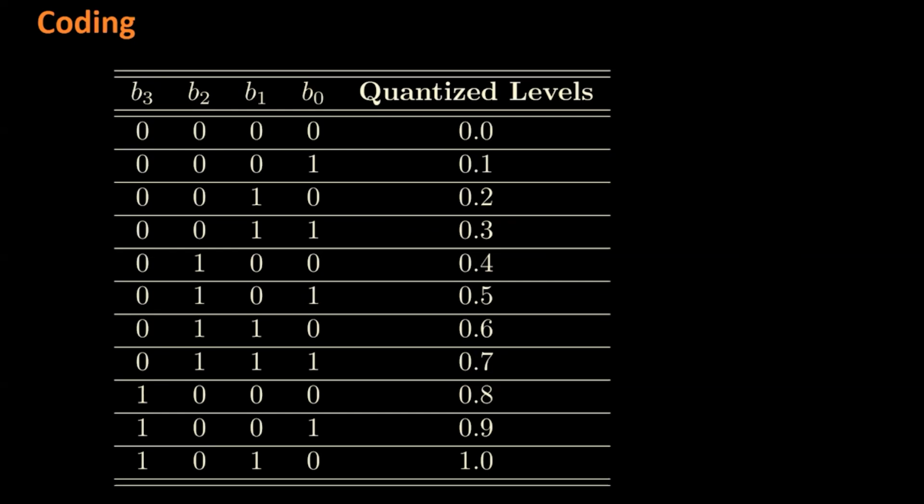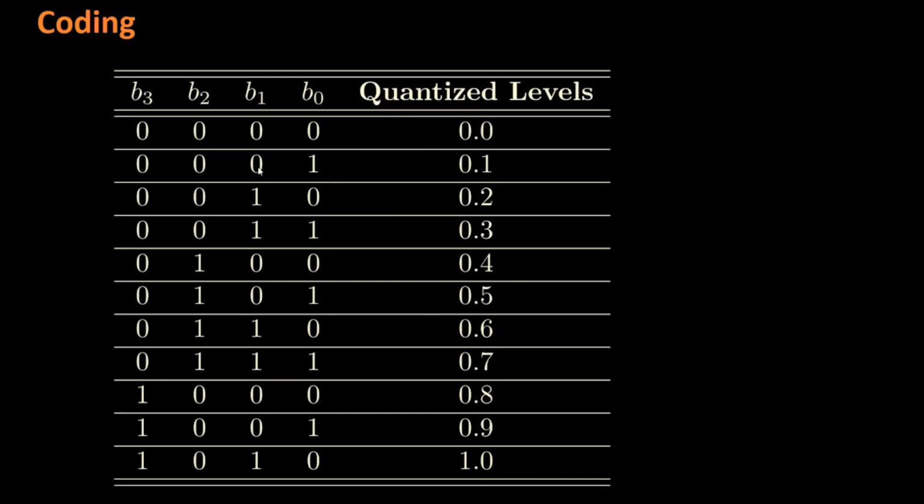However, in this case, since we have 11 quantization levels ranging from 0 to 1, we must use a 4-bit code. This allows us to represent up to 16 possible levels, which is enough for our requirement. For example, if any quantized signal has a value of 0, its coding is 0000. If the signal has a quantized level of 0.1 after quantization, then its binary code is 0001.